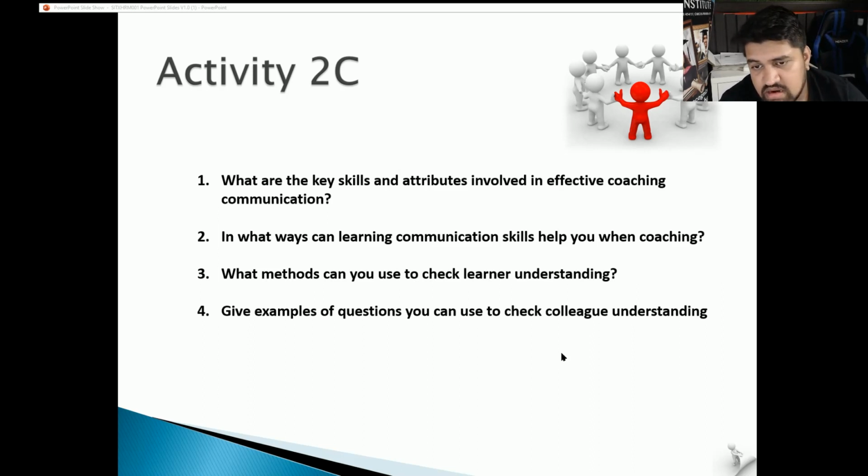Okay. Right, number 3, what methods can you use to check learner understanding? So for myself, I might consider doing an assessment session or a review session or an observation session where I just observe the learner performing that task that I have trained them in, or give them a small assessment with questions and maybe little puzzles or things like that that relate directly back to the training, so then I can rate them on their knowledge and skills that I have given them.